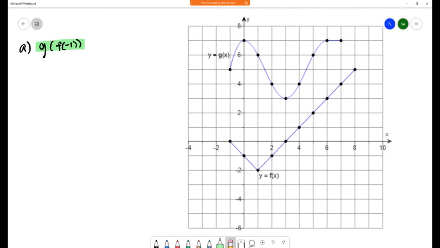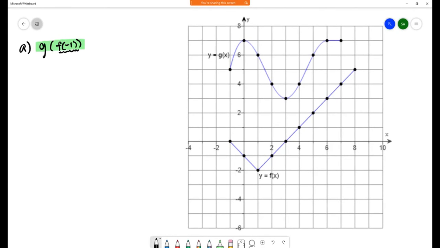You can see that this first curvy graph is labeled y equals g of x. So these are the points that are on the graph of g of x. And then we also have y equals f of x labeled, and these are the points on the graph of f of x.